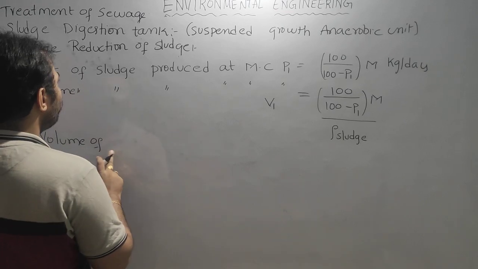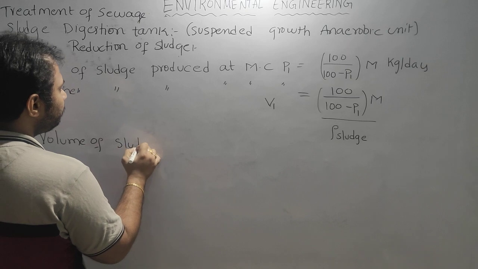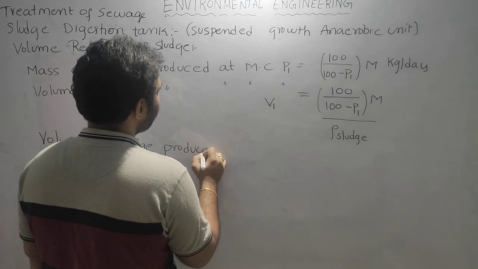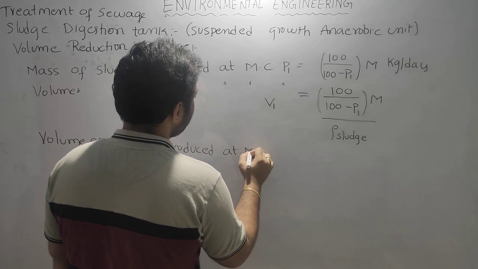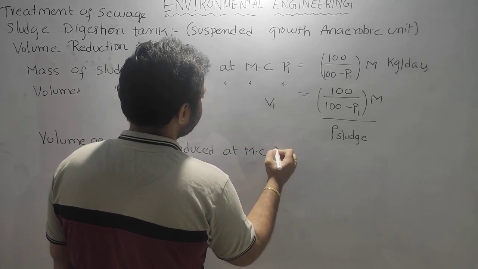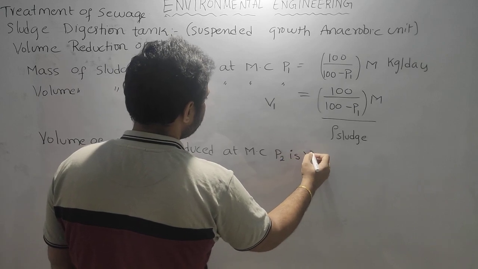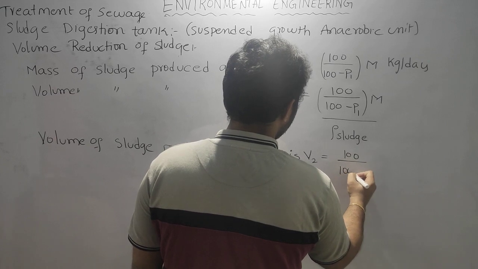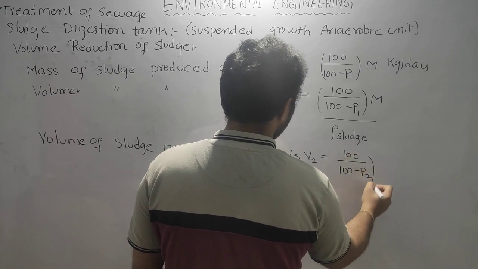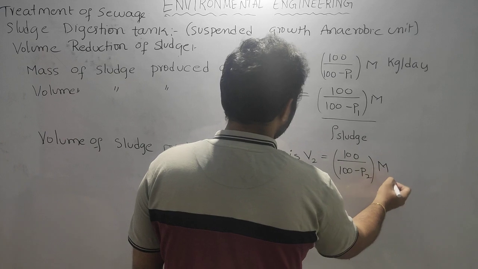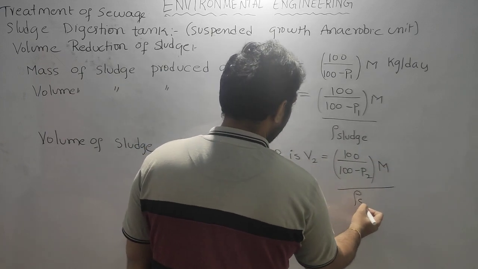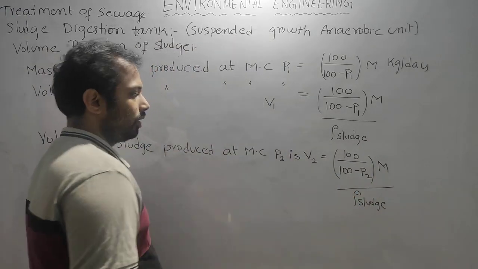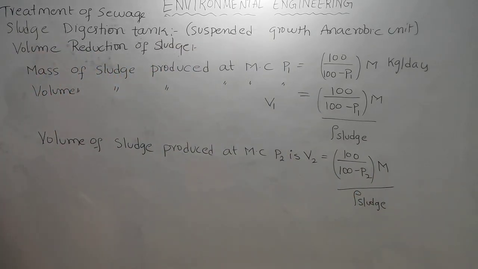So the volume of sludge produced at moisture content P2 is V2, which is equal to 100 by 100 minus P2 into m, the mass, by density of sludge. So this is V2, and this is V1.